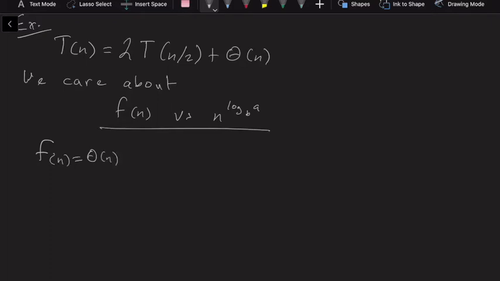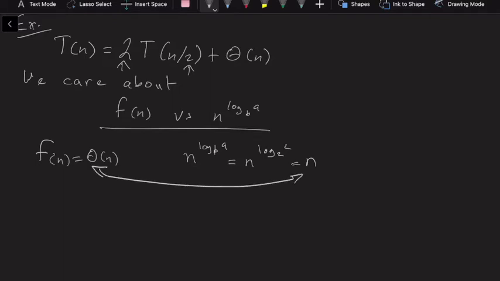And we have our n to the log base b of a. B in this case is 2 and a is 2. So we have n to the log base 2 of 2, which means just n. Now we compare theta of n with n.